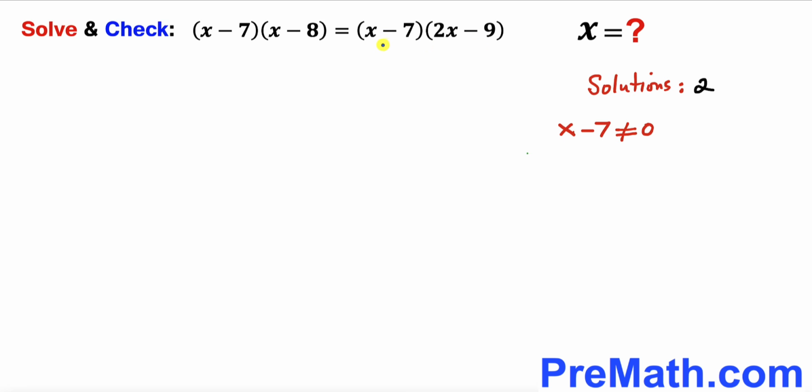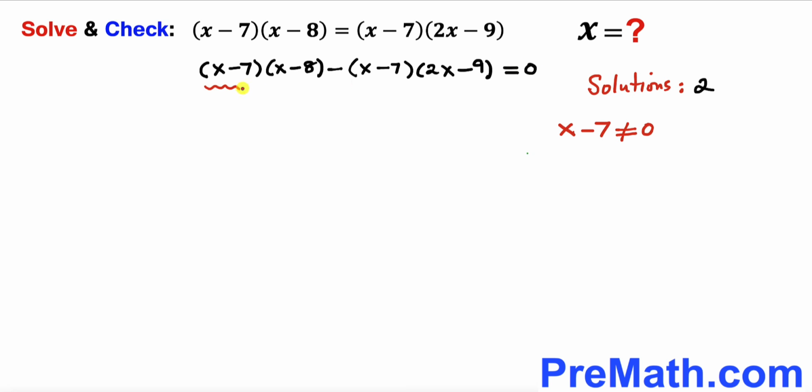Now in this next step, I am going to move the right hand side to the left. So this is going to become x minus 7 times x minus 8, and when we move everything to the left hand side, we get a negative sign and x minus 7 times 2x minus 9 equals 0.